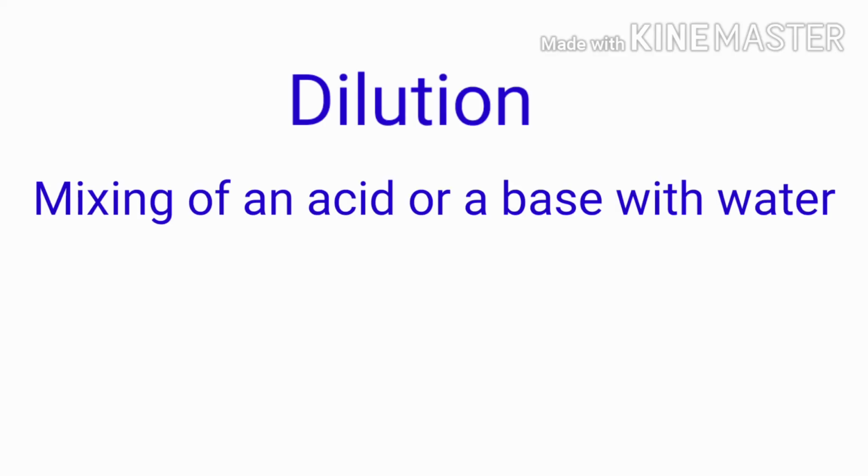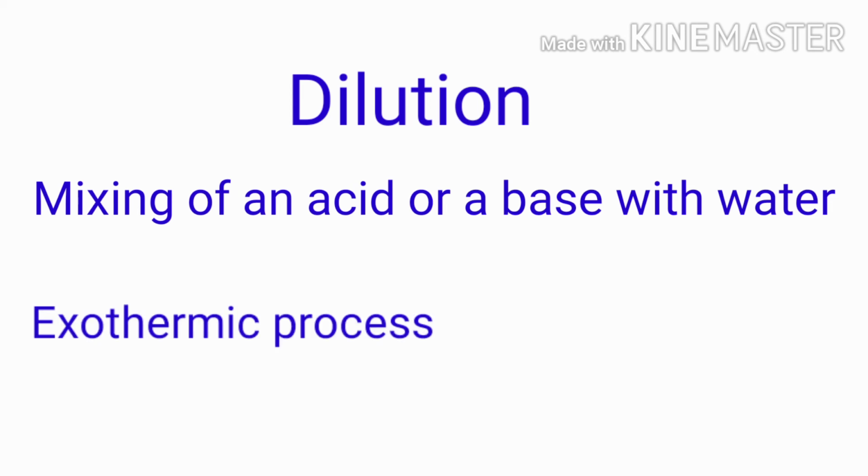The process of mixing an acid or a base with water is called dilution, and the acid or the base is said to be diluted. In this process, the concentration of ions such as H3O+ and OH- decreases per unit volume. The process of dilution of an acid or a base is highly exothermic in nature. So, care must be taken while mixing concentrated acids such as nitric acid or sulfuric acid with water.